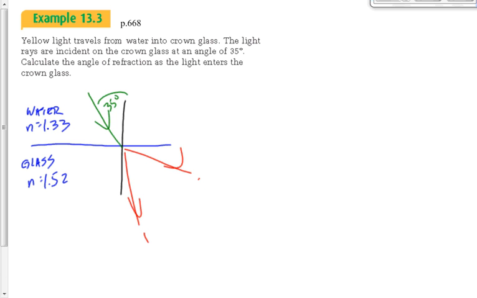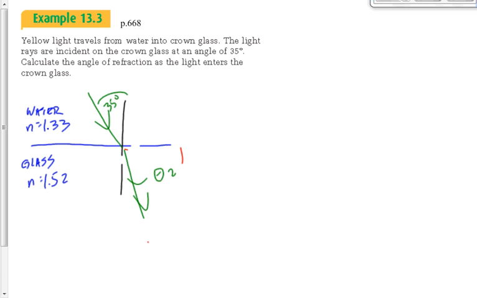Option 1 or option 2? N went up. V went down. Theta went down. It's going to be option 1, isn't it? Okay, theta 2 has to be smaller than theta 1. It's going to look like this. We're looking for theta 2, but we know it's got to be an angle that's smaller than 35 degrees because the speed went down because the index of refraction went up.